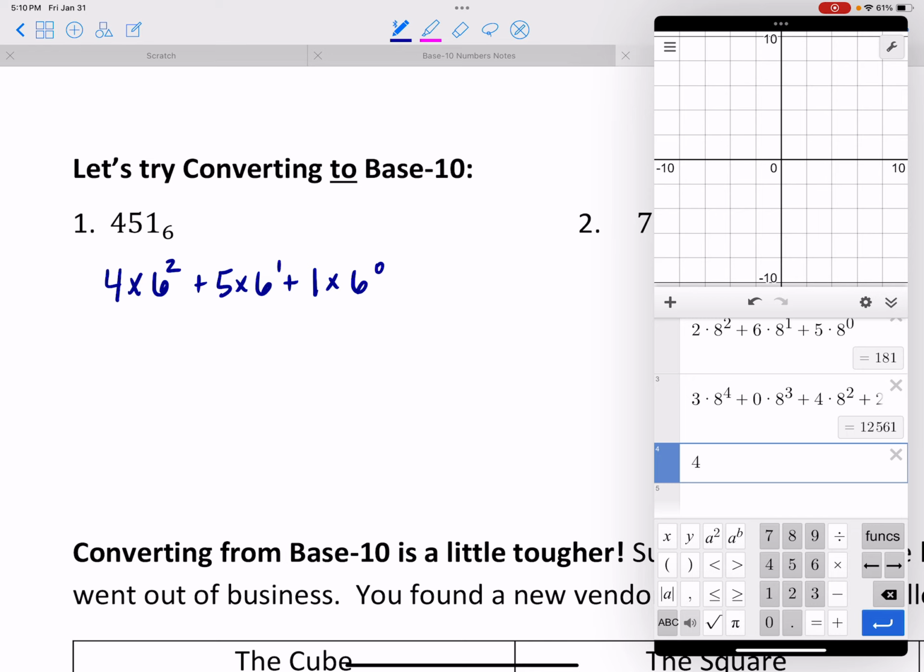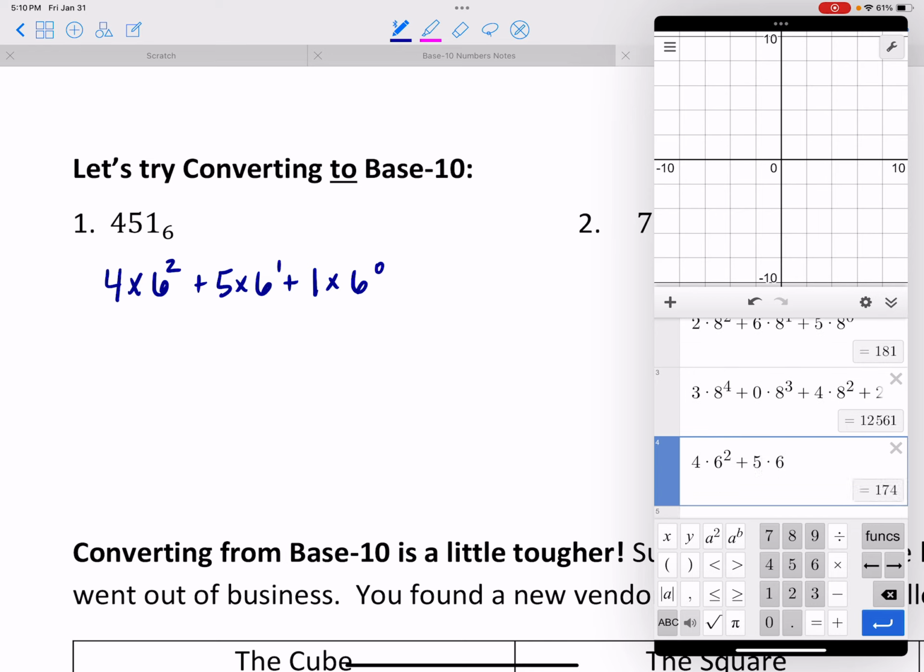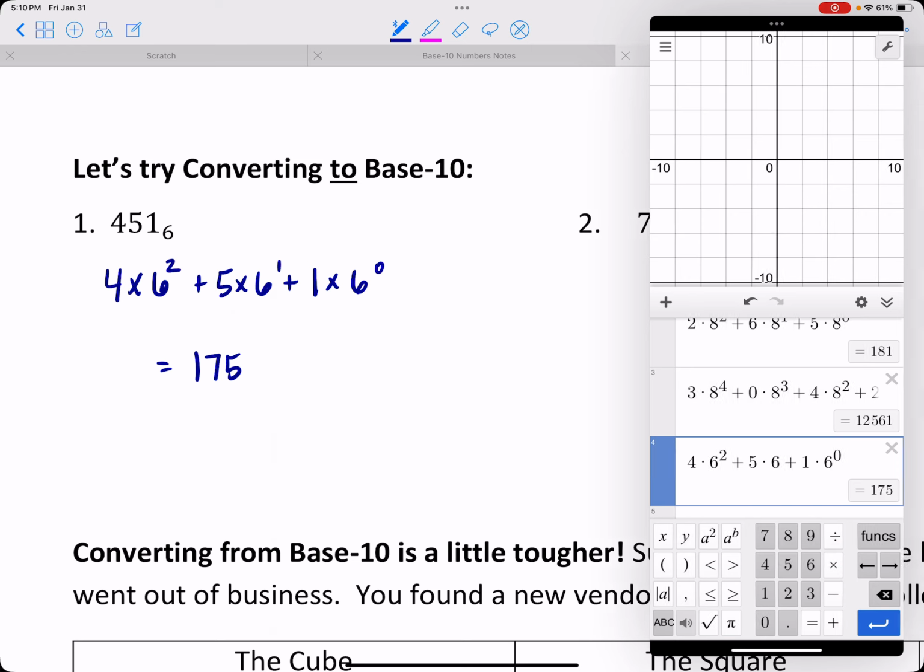So we have 4 times 6 squared added to 5 times 6 added to 1 times 6 to the power of 0, which again is just going to be 1. So this is 175. So 451 base 6 and 175 are the same value.